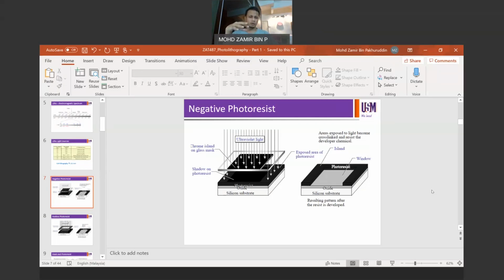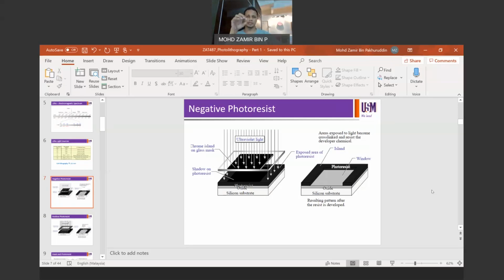Then we move on to exposure, where we use an exposure system based on the wavelength that we've discussed on the previous page to expose certain areas of your photoresist on the wafer and to block some other areas on the wafer from the exposure, so that you can eventually have patterns after the development process.